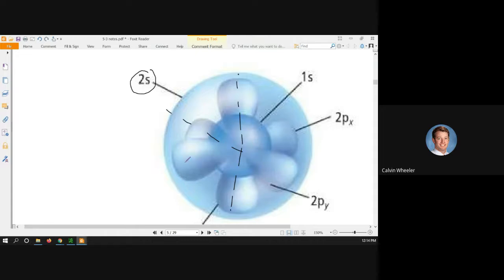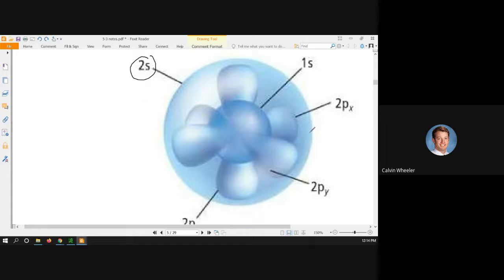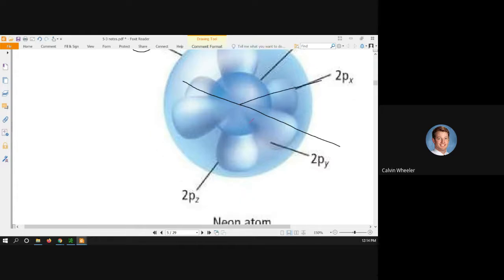I have them aligned on the y-axis, the x-axis, and the z-axis.